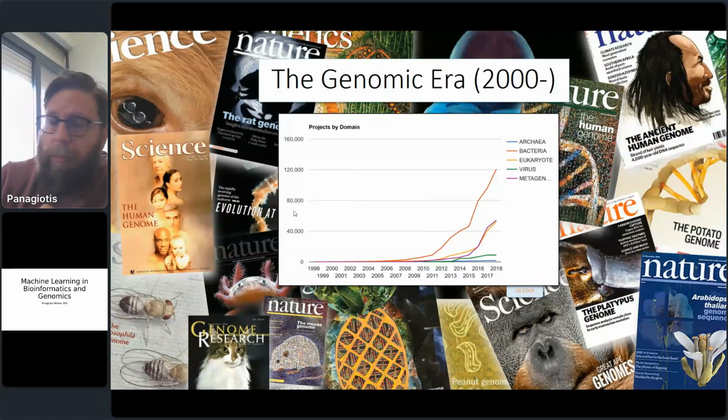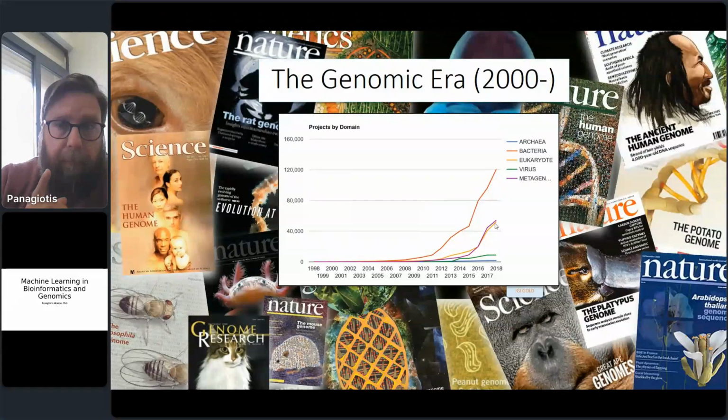Of course, it's in the thousands because we're talking about bacterial genomes that are very small. But the orange line here is eukaryotes, which are more advanced organisms, and you can see all the lines are going up exponentially. I don't know the exact number, but definitely hundreds or thousands of genomes are sequenced every year, and for higher organisms, definitely tens or hundreds every year.